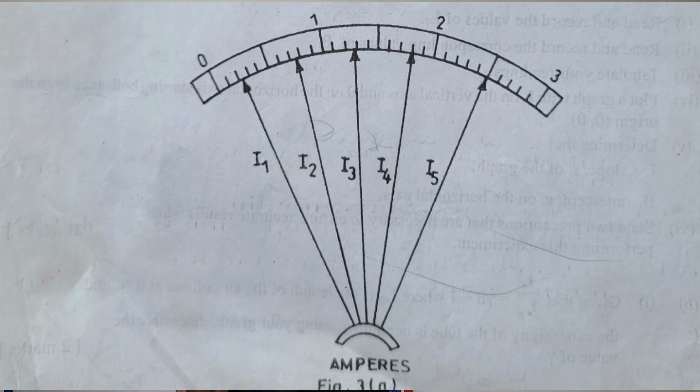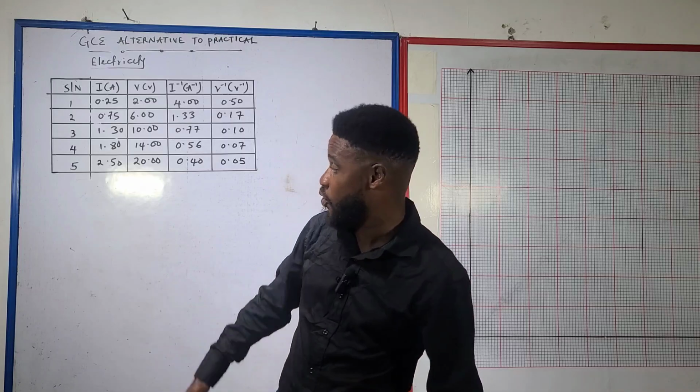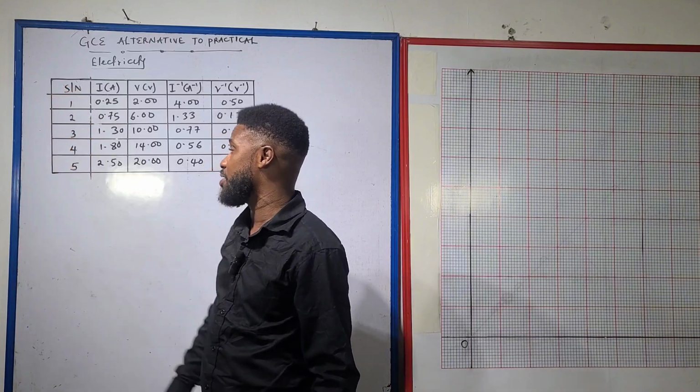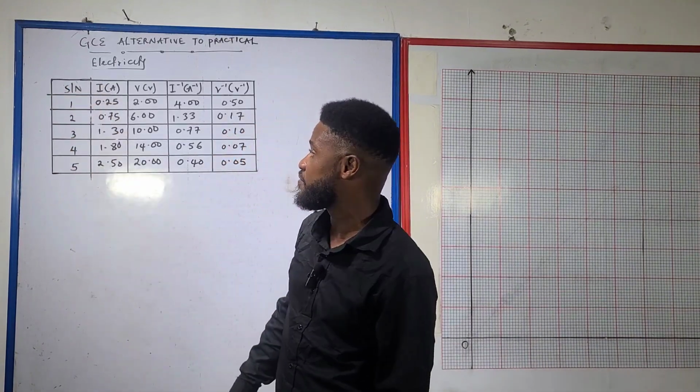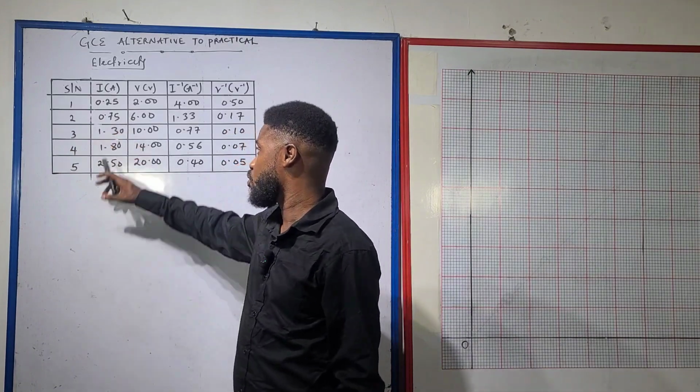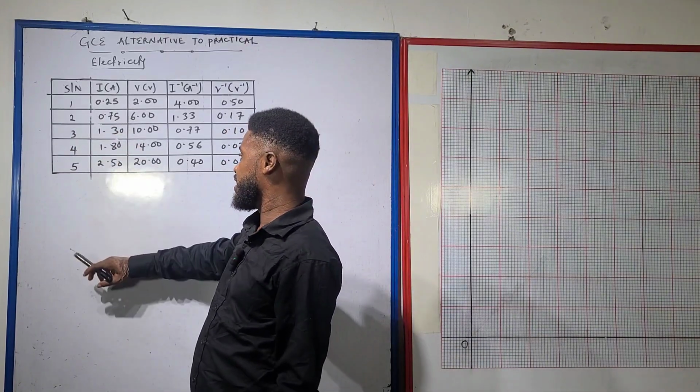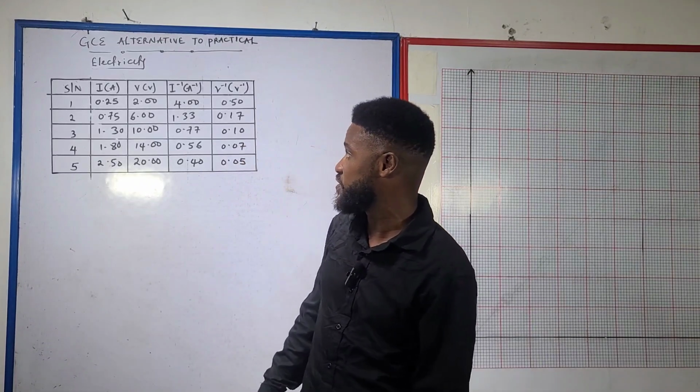If you look at figure 3A, reading I1, I2, I3, I4, I5 representing serial number 1 to 5, for the current you have 0.25, 0.75, 1.30, 1.80, and 2.50.